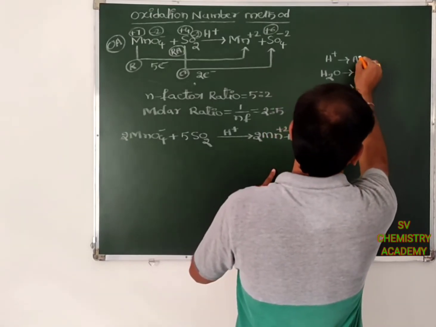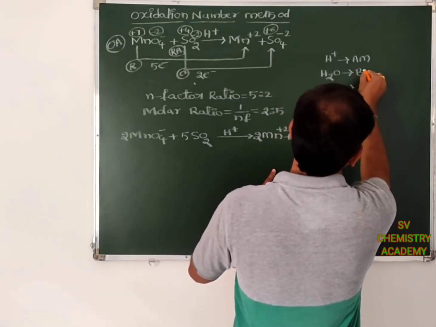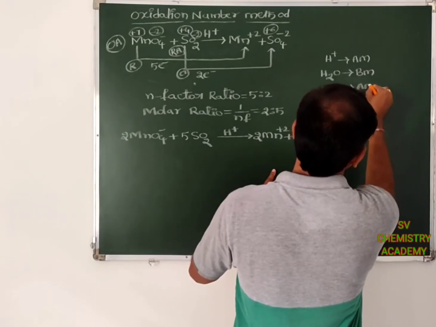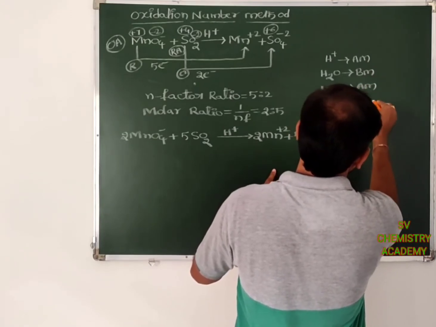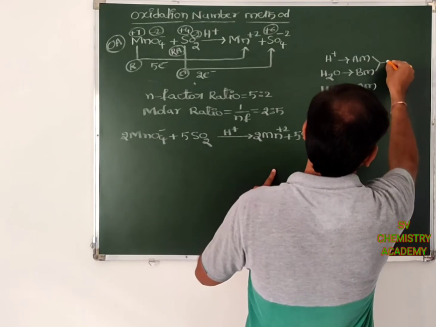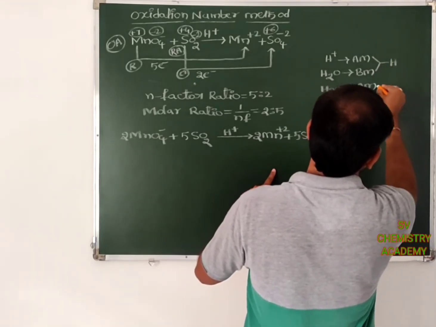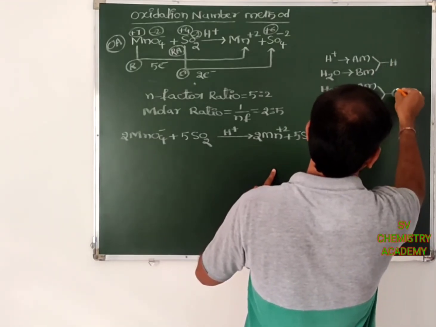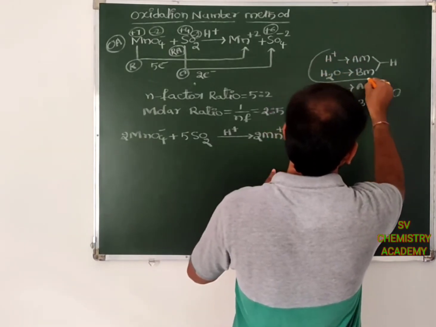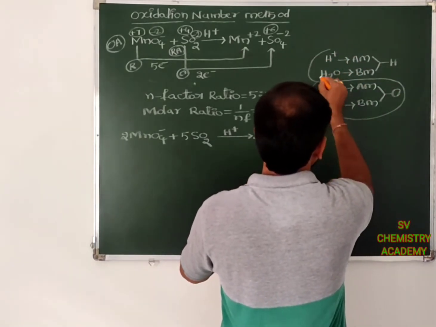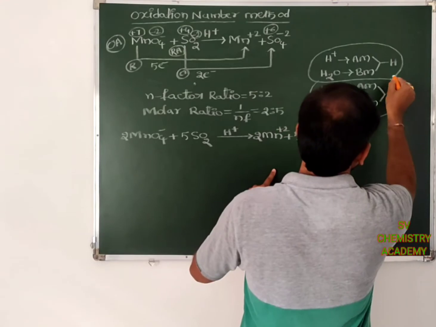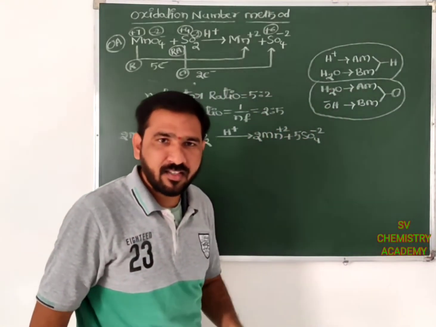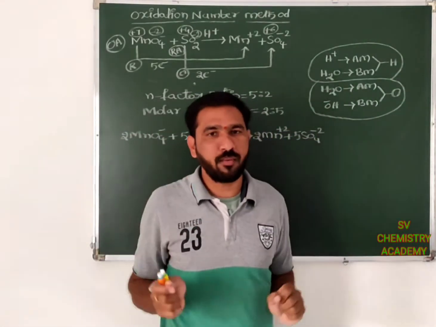This is AM, BM, AM and BM. These two we can use to balance the hydrogen, and these two we can use to balance the oxygen. Remember this as the 8th number code. Is it clear?